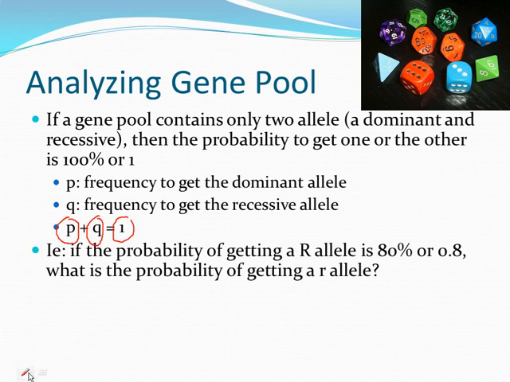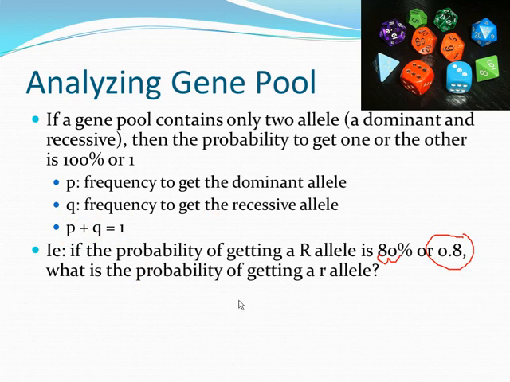So, for example, if the probability of getting the capital R allele in our wildflower example is 80%, and you all know how to convert that into a decimal, yeah? You just move the decimal over a couple times, 1, 2, and so you get 0.8. So what is the probability of getting the lowercase r allele, the recessive allele? 0.2.